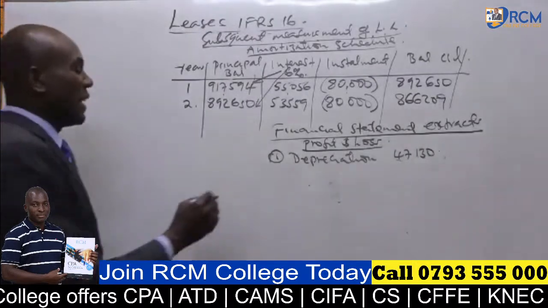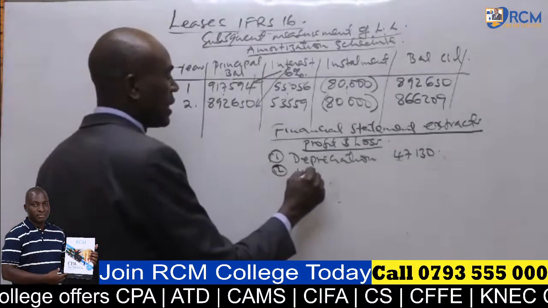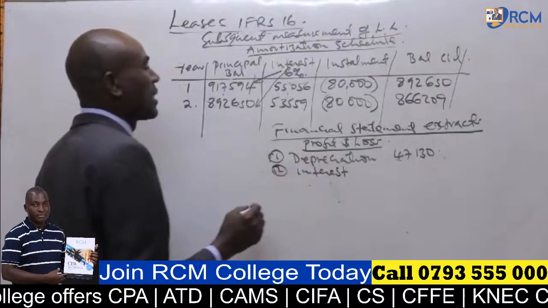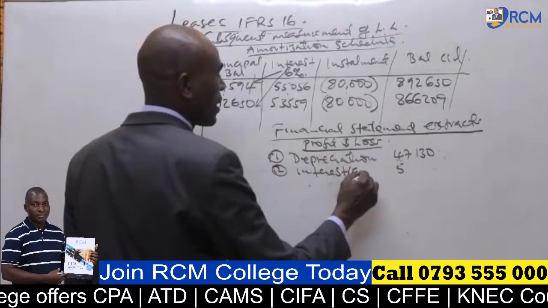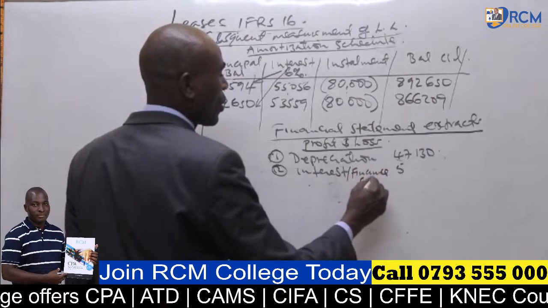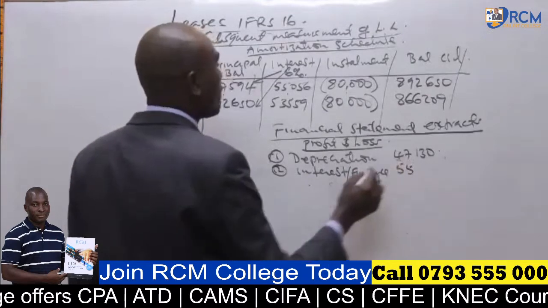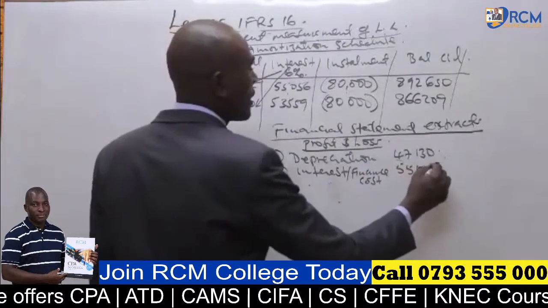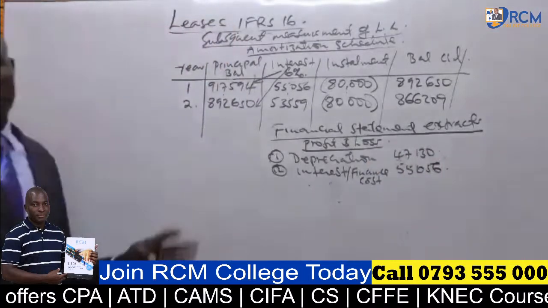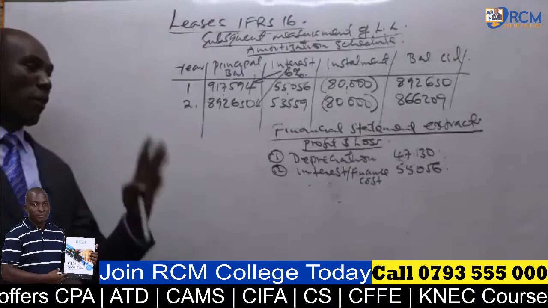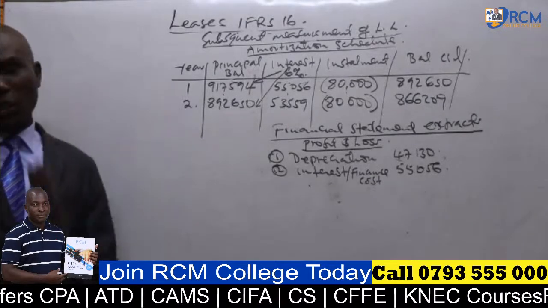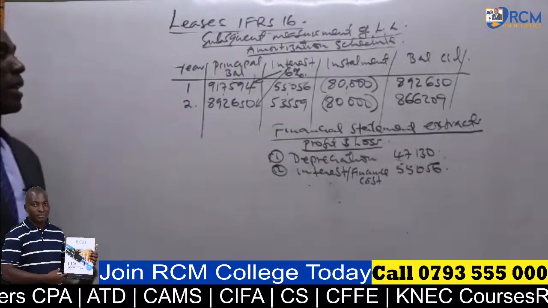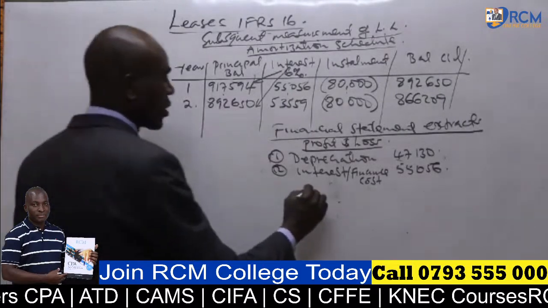Then number two is interest, or finance cost, which will be 55,056 for that year one. That is what we take to profit or loss in that lease. Then we go to balance sheet extract.